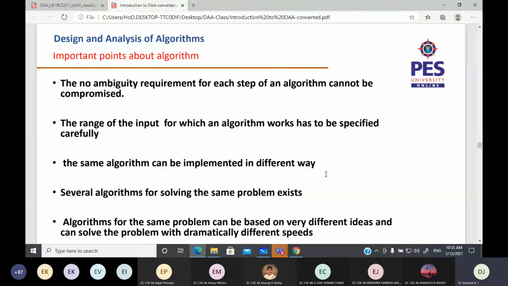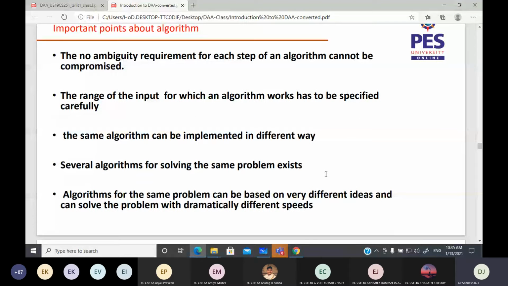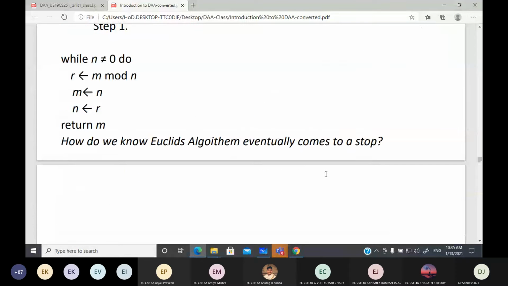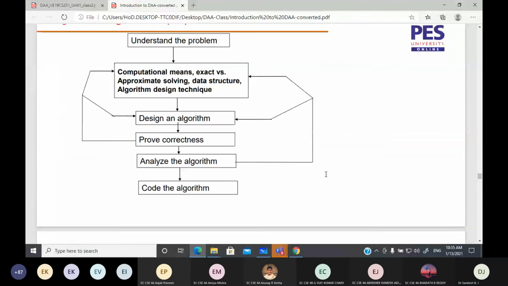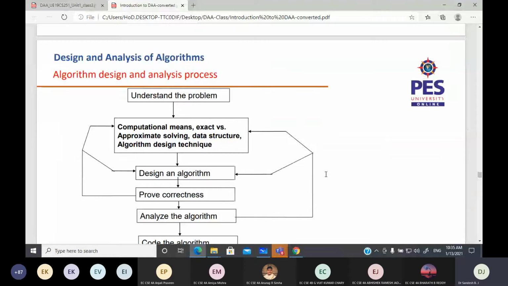That's the whole idea of this course. The next topic of discussion is the algorithm design and analysis process. The first step when you are trying to develop an algorithm is to understand the problem.